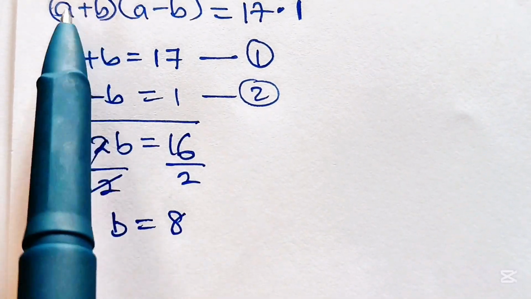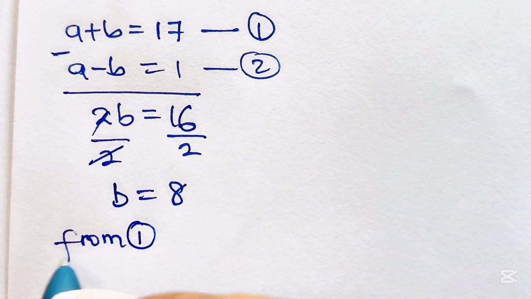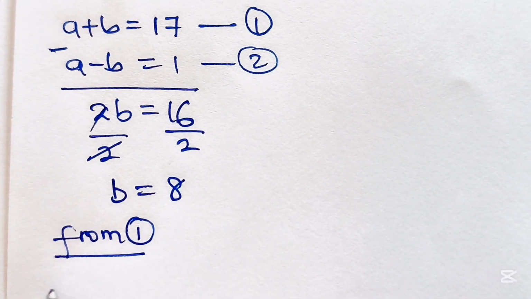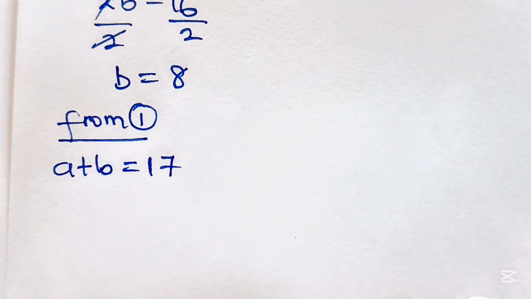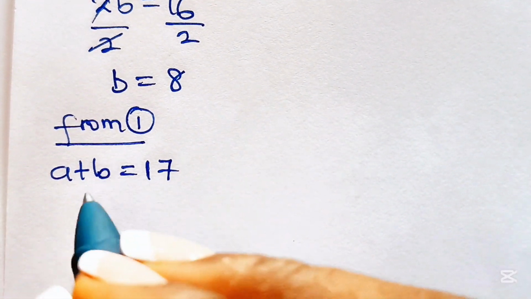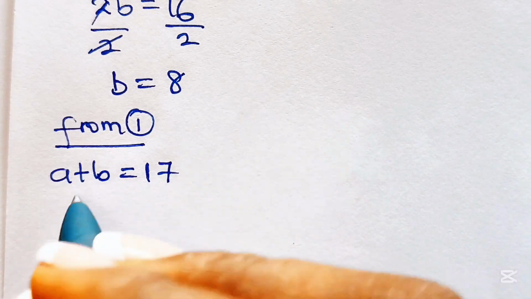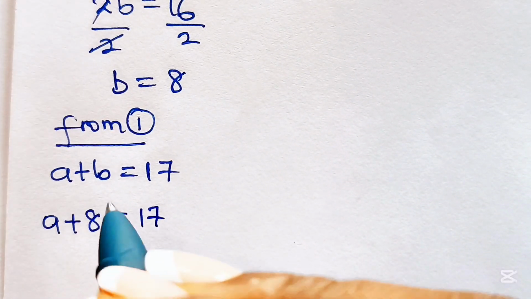Now from equation 1, we can see that a plus b is equal to 17. And we have gotten our b to be equal to 8. So that means that we can write that a plus 8 is equal to 17.